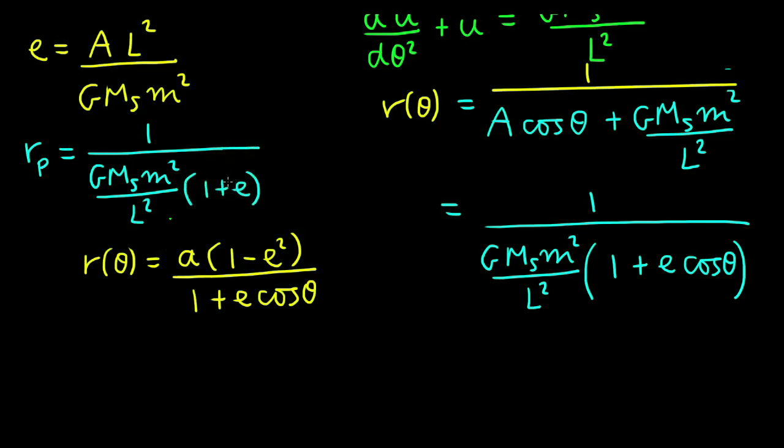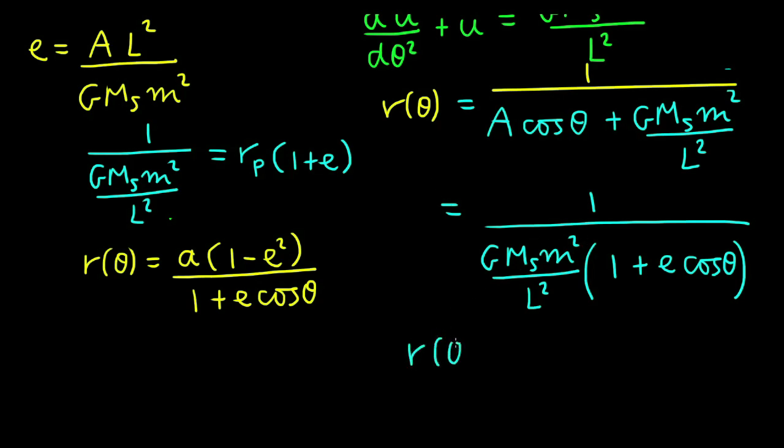So if we multiply through by 1 plus e, we get this reciprocal as equal to the radial distance to perihelion times 1 plus e. So therefore this expression can be written as r of theta is equal to the distance to perihelion times 1 plus e on 1 plus e cosine theta.